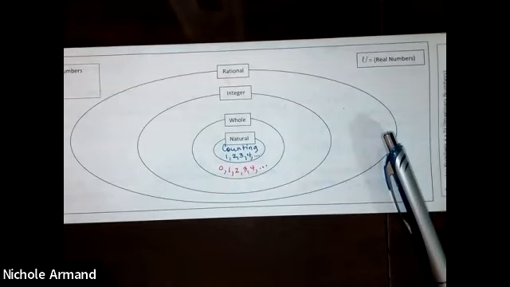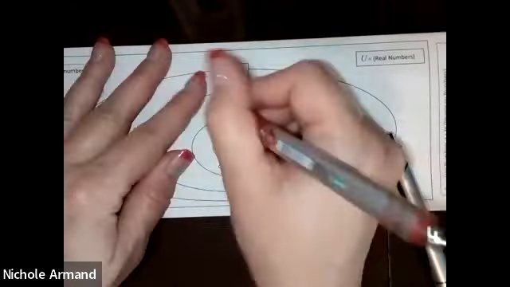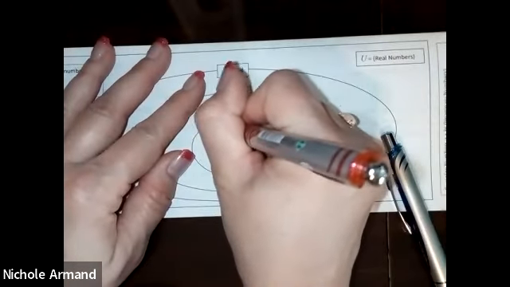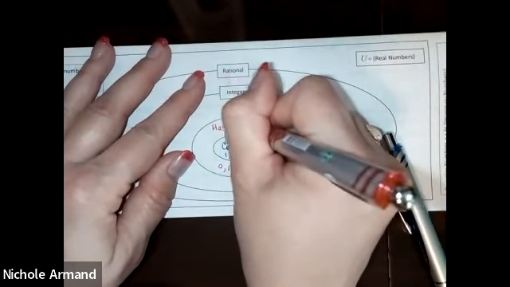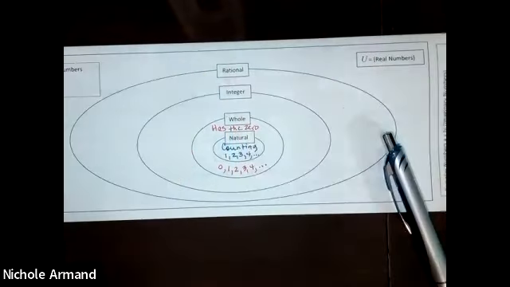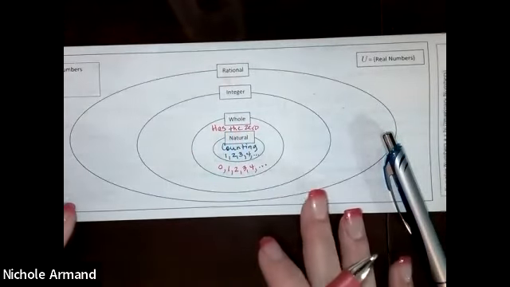So the whole numbers have one element that the natural numbers don't have, and that is the 0. So we'll write a note.